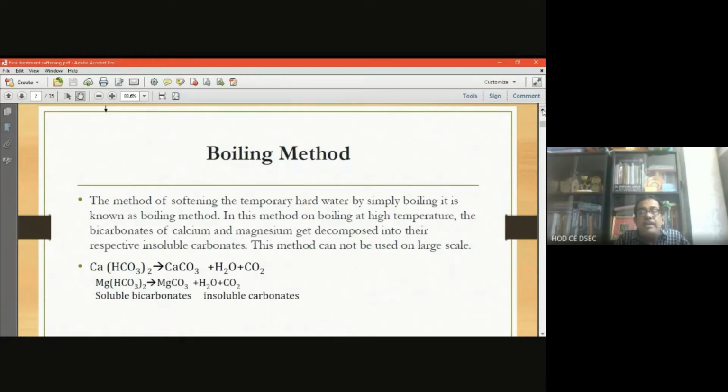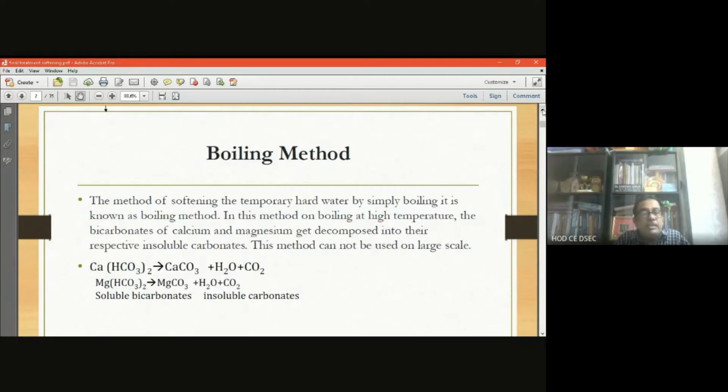On boiling at high temperature, the bicarbonates of calcium and magnesium get decomposed into their respective insoluble carbonates. So this is the boiling method, one of the softening processes for the removal of temporary hardness.